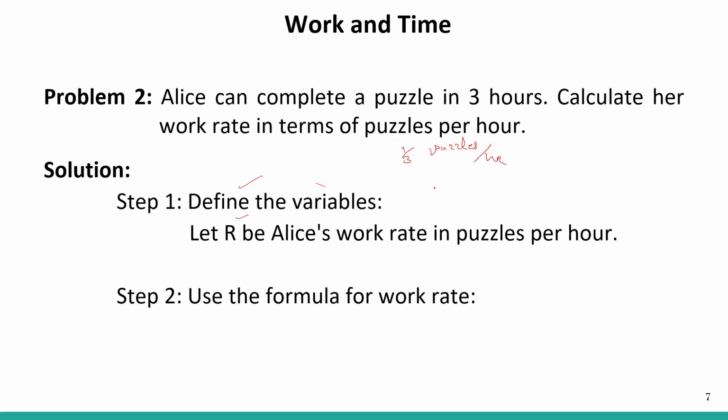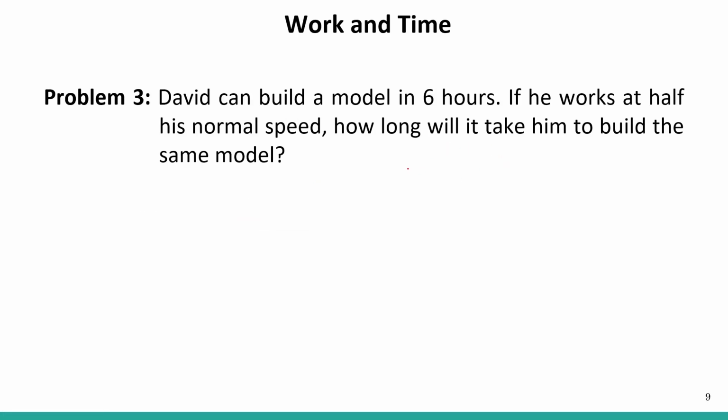Let's see problem number 3. David can build a model in 6 hours. That is, one model. If he works at half his normal speed, how long will it take him to build the same model?